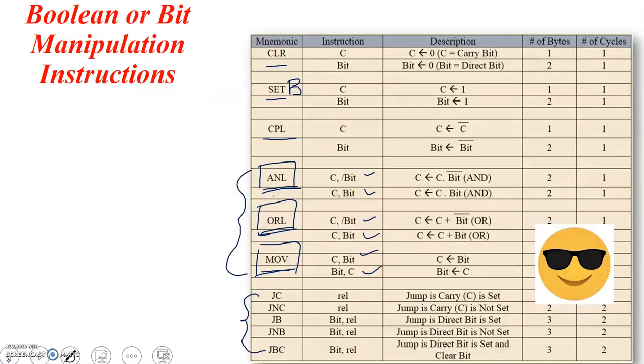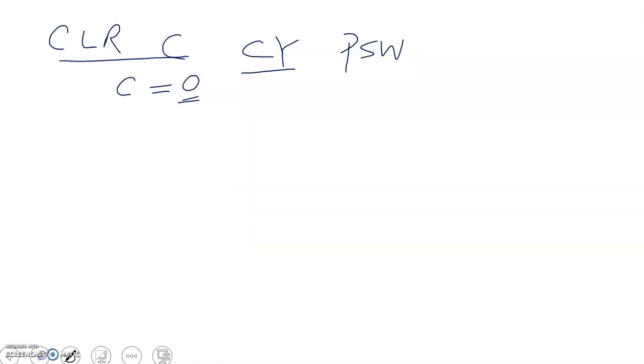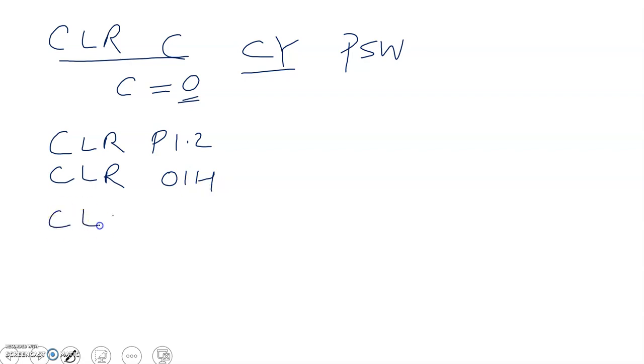This instruction can also operate on any bit. That means we can write CLR P1.2, or I may write CLR 01H, or CLR ACC.6.